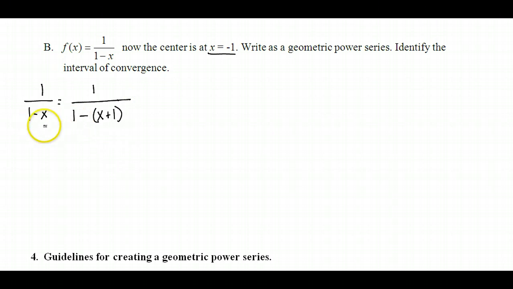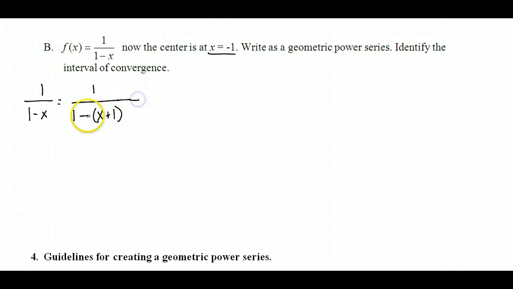Well, currently the two fractions that I have are not equal, and they have to be equal. So this is the original function. I have to stay equivalent to this. And basically right now, if I looked at the denominator and simplified it, and if I left it like this, I would have 1 divided by just -x. Well, 1 divided by -x is not equal to 1 divided by 1 minus x.